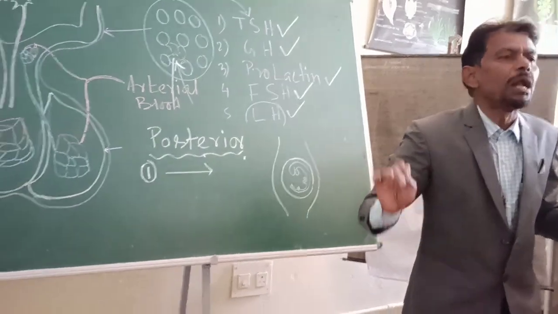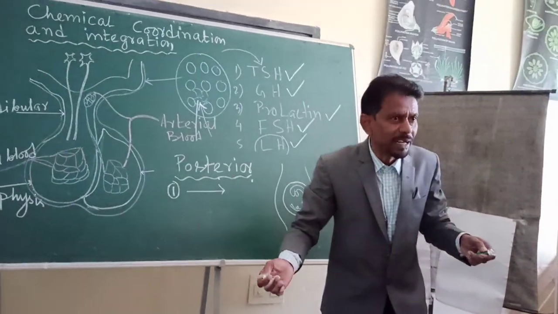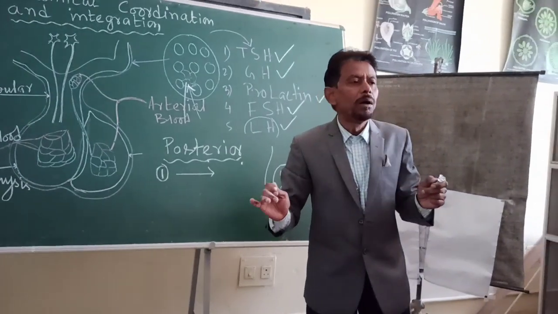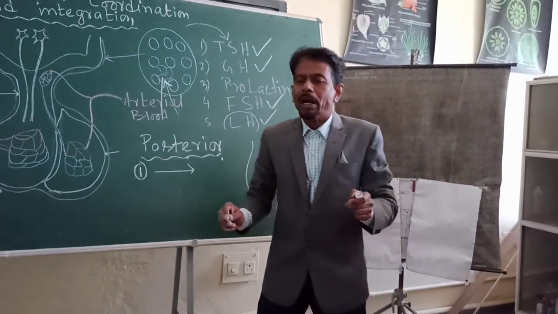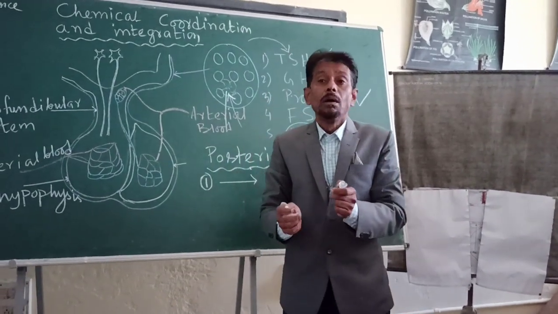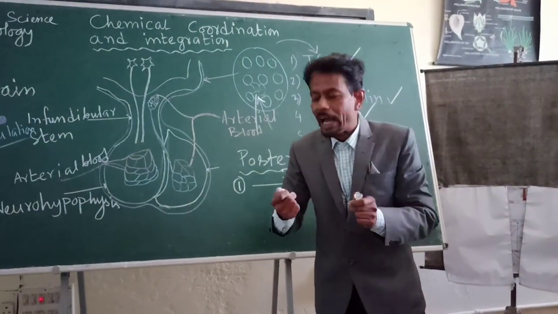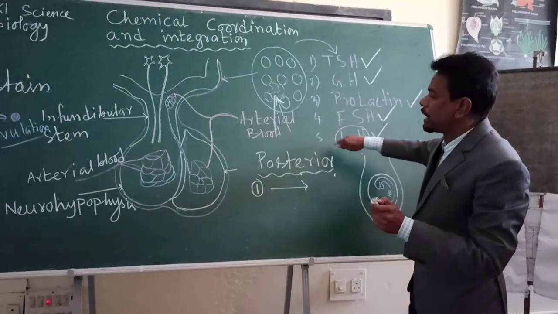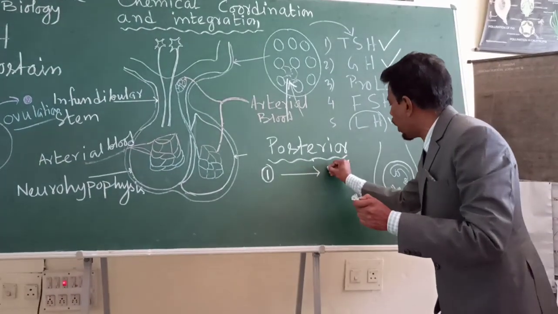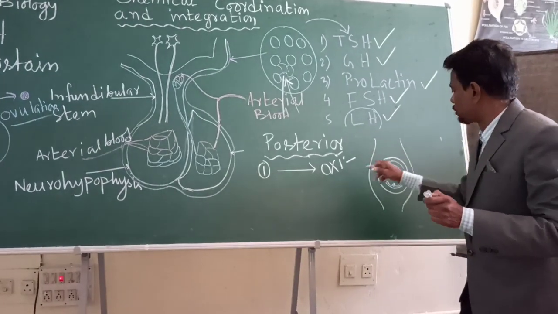When the maturation of the fetus is almost completed, at around 9 months of pregnancy, the fetal ejection jerk occurs, the fetus wants to come out. It gives a severe jerk, and this jerk induces the pituitary gland to secrete a hormone called oxytocin.